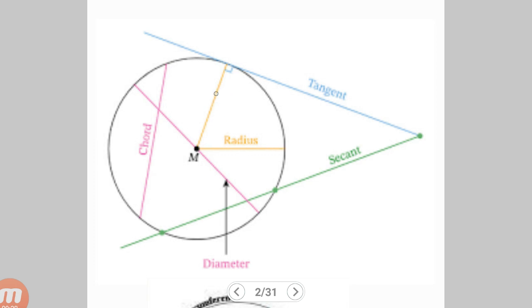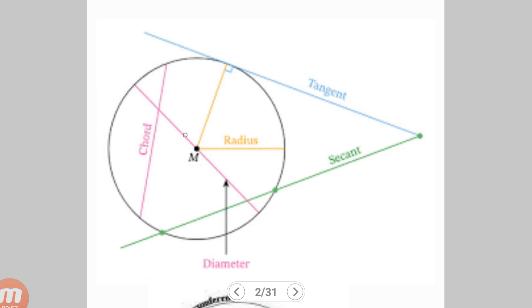And notice now that the pink line that's going through the center here is known as our diameter. All right, and basically it is also called a chord, right? That's why I've labeled the chord in pink also, because I want to make a correlation between the fact that the diameter is also called a chord, but it is in fact the longest chord of the circle.